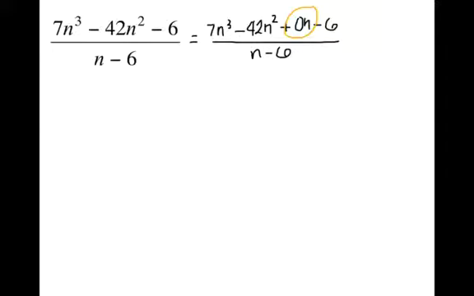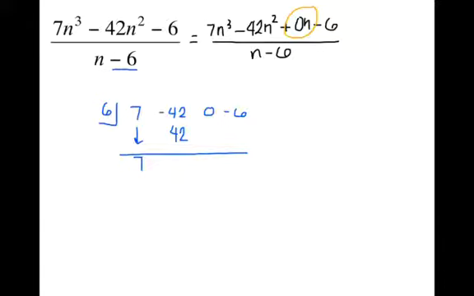So now when I write my coefficients, I have a 7, a negative 42, 0, and negative 6. It was n minus 6, so I'm going to put a positive 6 over here. Always start by bringing down the 7. 6 times 7 is 42.